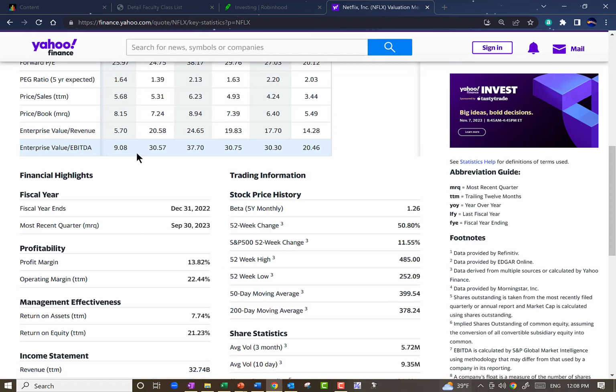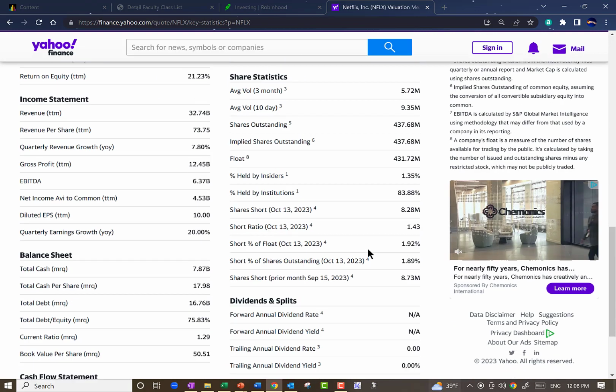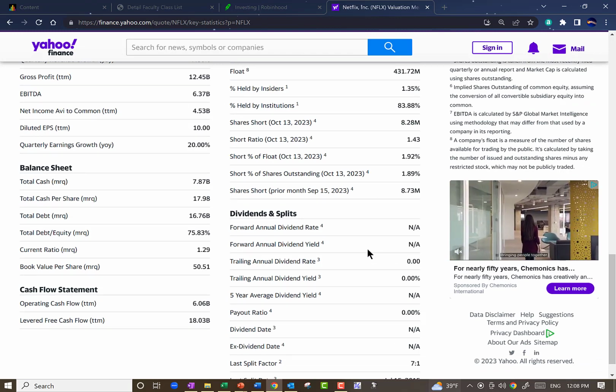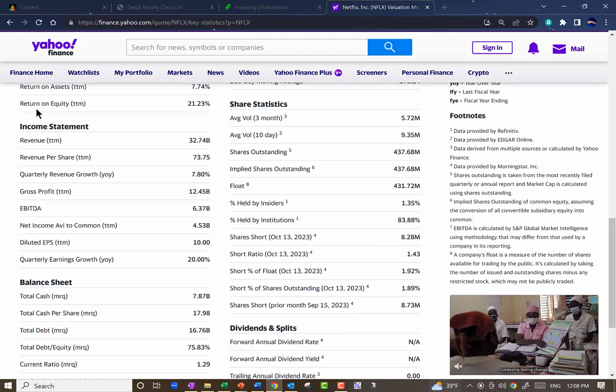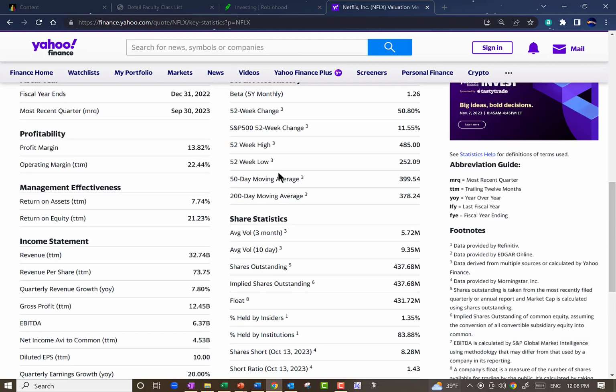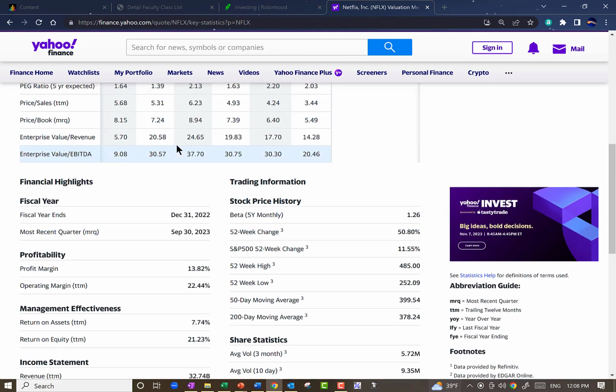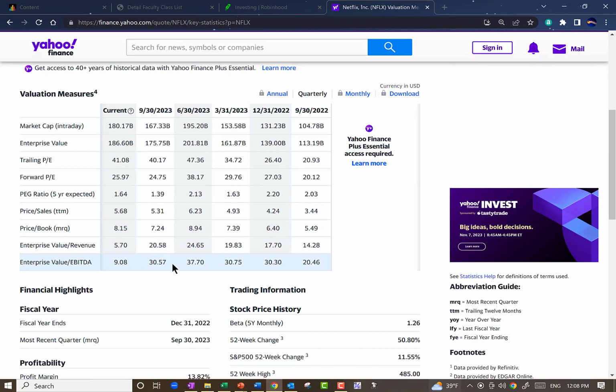Okay. I need to figure out how Yahoo is actually calculating it, but it's how they're calculating their EBITDA. I don't know whether they're using the forward or not. More likely they are. Let's kind of figure it out. Unfortunately, they're not saying it.